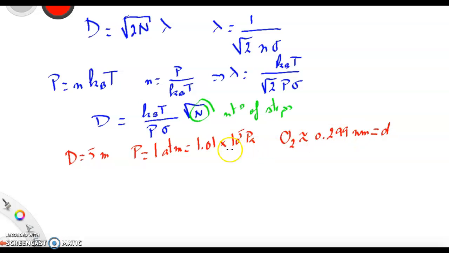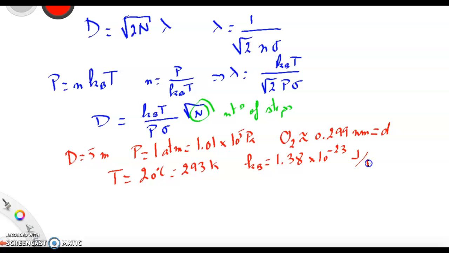Now, what does that allow us to compute? The temperature, we're going to assume is 20 degrees Celsius, which is 293 kelvins. And just for you to know, the Boltzmann constant is 1.38 times 10 to the minus 23 joules per kelvin.